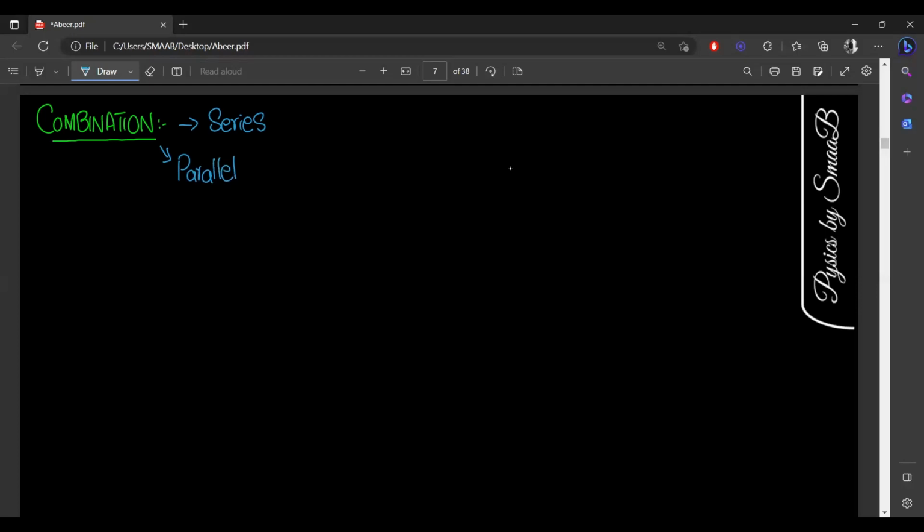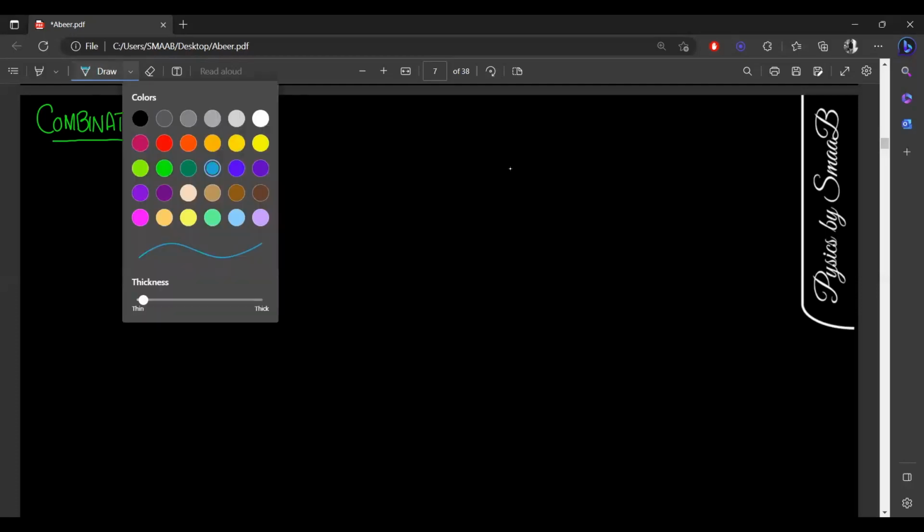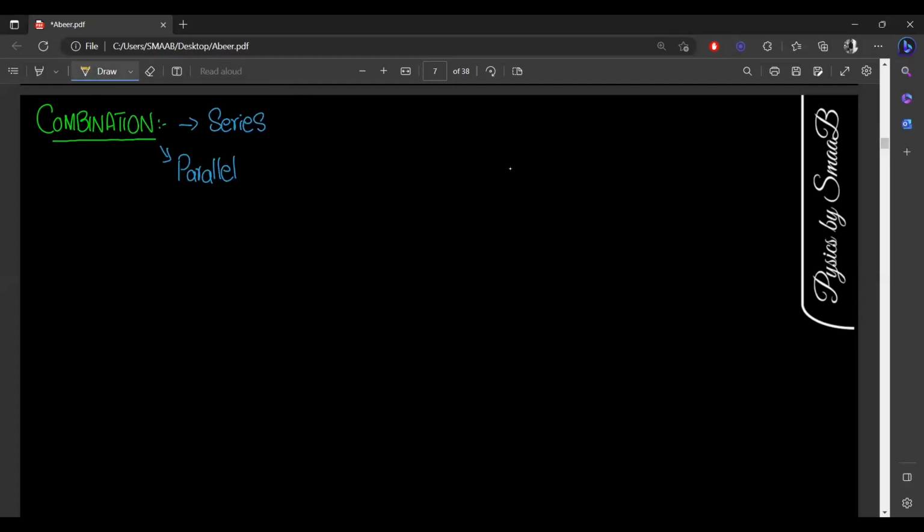And when we are talking about series combination, series combination means we need to connect resistors end by end.